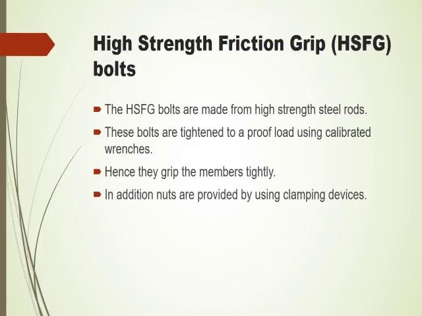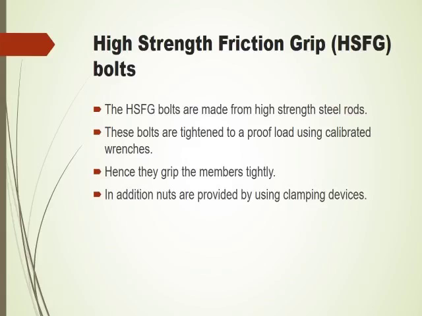These bolts are tightened to the proof load using calibrated wrenches. Proof load is nothing but the greatest load which is to be designed for that bolt, like it is the greatest load which that bolt can take. And these are tightened to the proof load by using calibrated wrenches.